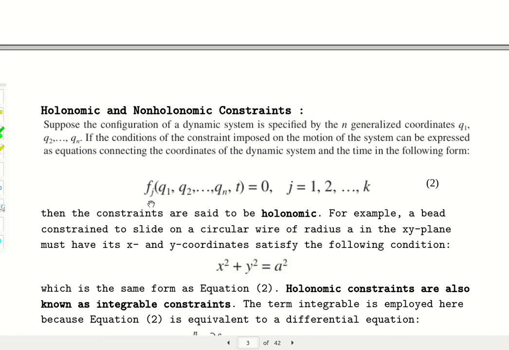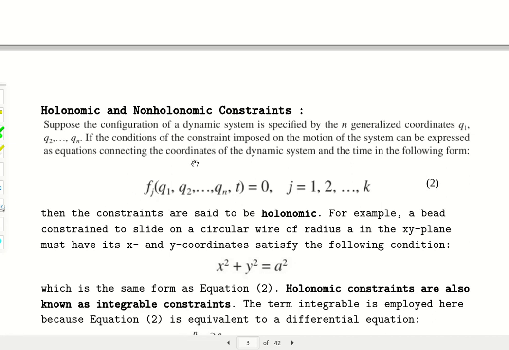See here, it is a function f of q1 to qn, and explicitly time is there, but we are not studying relativistic phenomena here, so time is another independent thing. There are k number of equations. k is the number of constraints, and j runs from 1 to k, meaning there are k such equations.